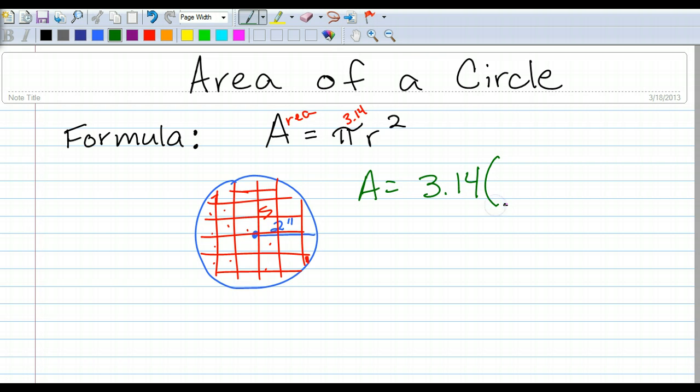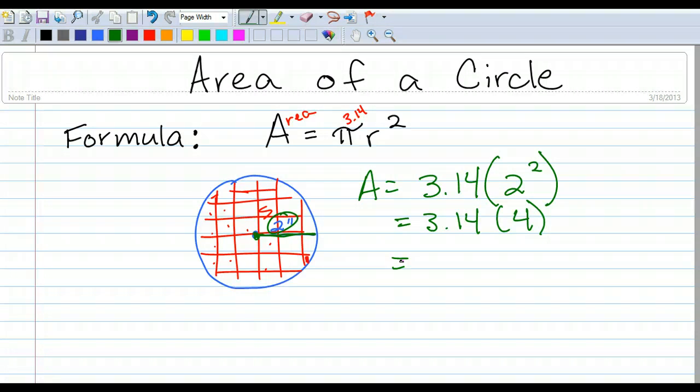3.14 times the radius, right here, is 2 inches, 2 squared, which is equal to 3.14 times 2 times 2 is 4, which is equal to 12 point, I'm going to get my calculator going here, is equal to 12.56 inches squared.